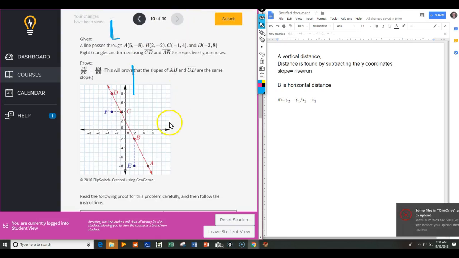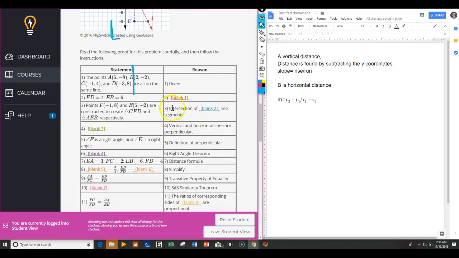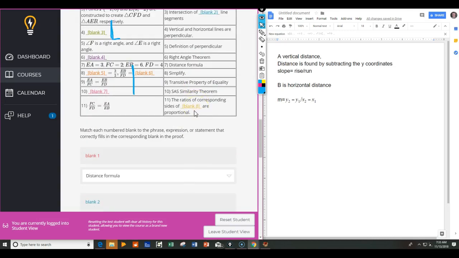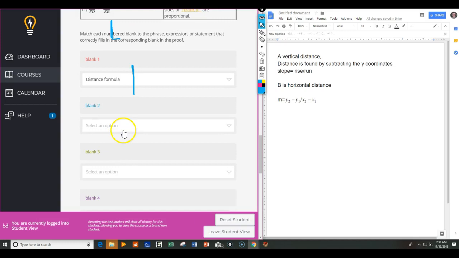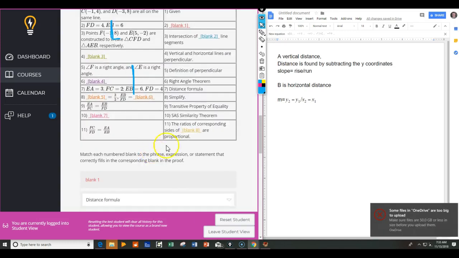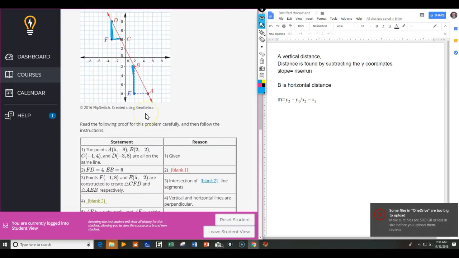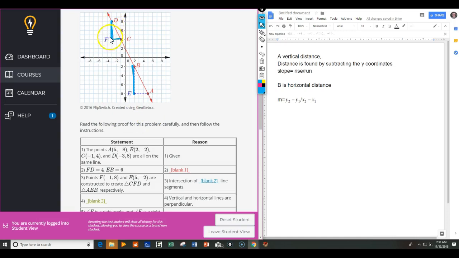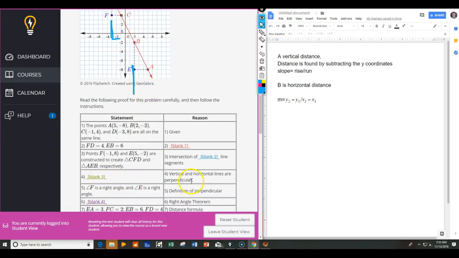So I'm going to use that and see if there's the intersection of vertical and horizontal line segments. So blank 2 is going to be vertical and horizontal. They did have that. So yes, we had vertical and horizontal line segments intersect to create triangles right here and right here. So blank 3, vertical and horizontal lines are perpendicular.